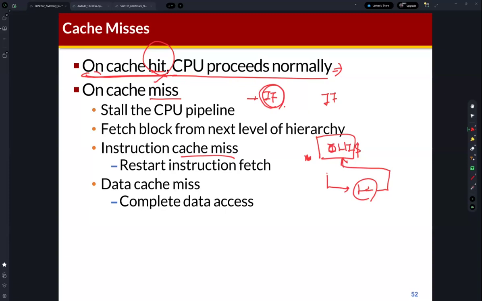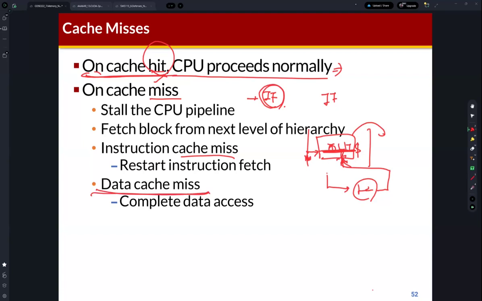After the requested block is allocated in the L1 instruction cache, the processor can access the requested instruction again, right? So in this case, this is the cache hit case, because the requested block is allocated. So this instruction can be propagated to the next stage, and then the next instruction can be in the instruction fetch stage.